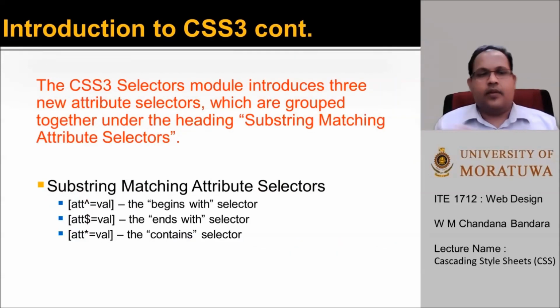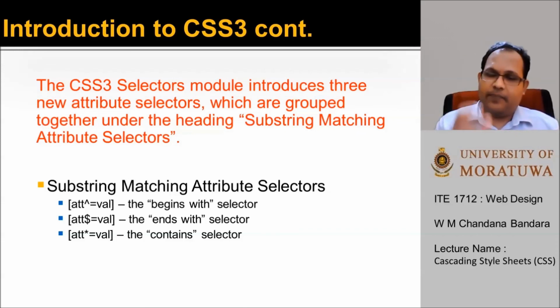One wonderful thing that happened with CSS3 was the introduction of the substring matching attribute selectors. With this feature, we can now select elements of a web page by using an attribute.